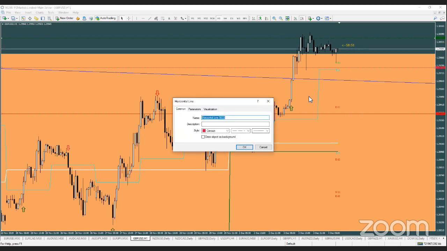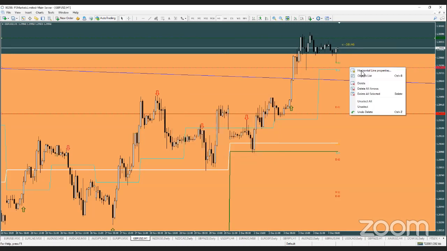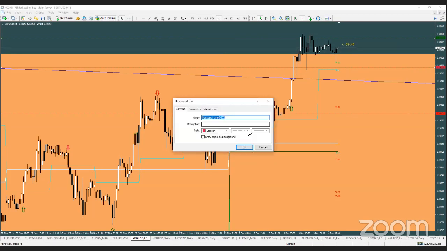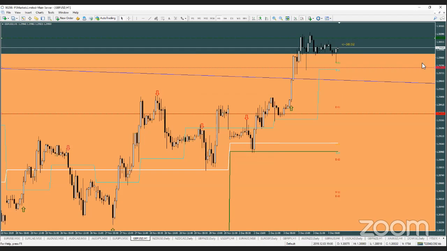Let's just use... Why is that doing that? That should be dashed, but it's not dashed. That's on minimum. Let me try it again. Let me use that dash. Okay, there's two lines there, obviously.